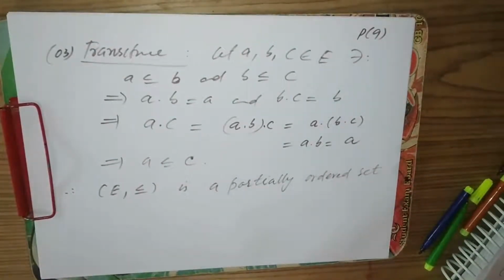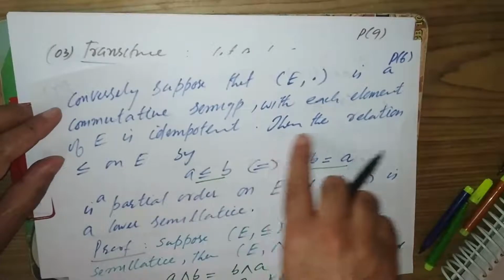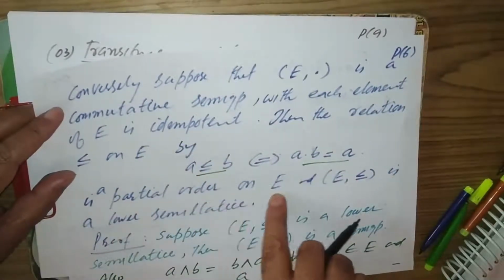So next we need to show that it's actually a lower semilattice. This is a commutative semigroup with each element of E idempotent. This relation is a partial order on E, which we have proved.